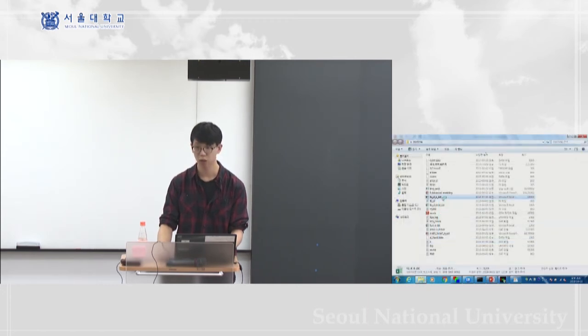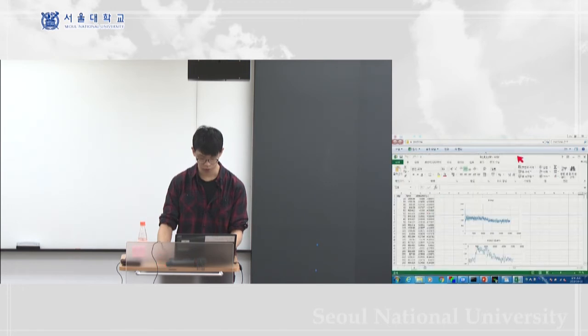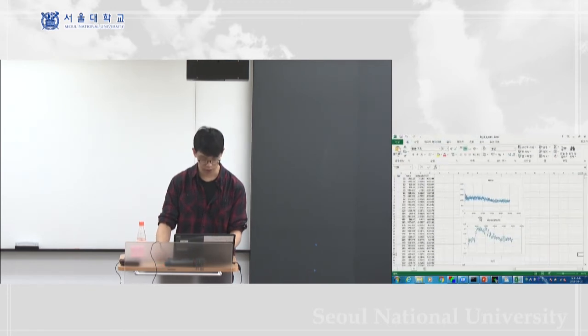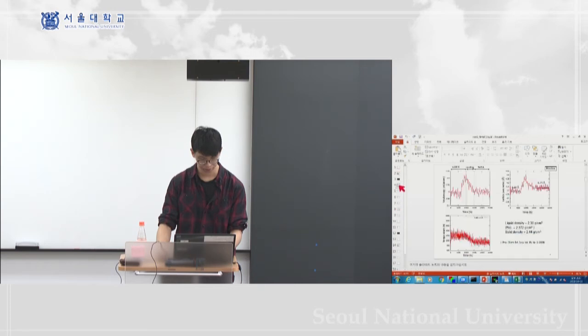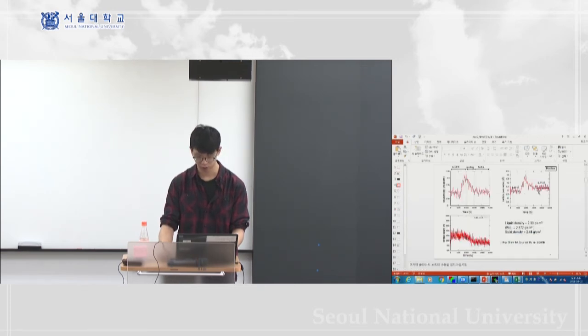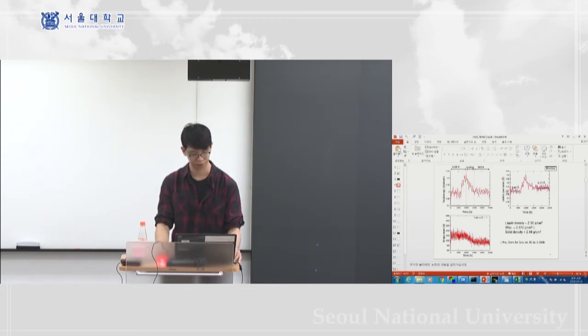And if you bring it to an Excel file and draw the relation like this, it's gonna give you the temperature, total energy, and the lattice constant like this. Same here. So you can calculate the lattice constant of the aluminum liquid.